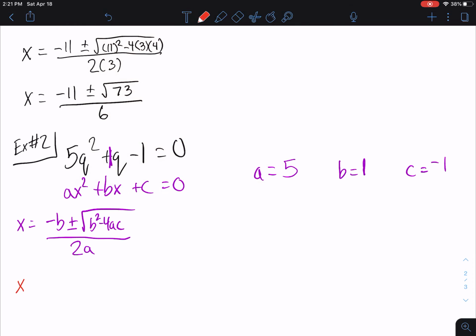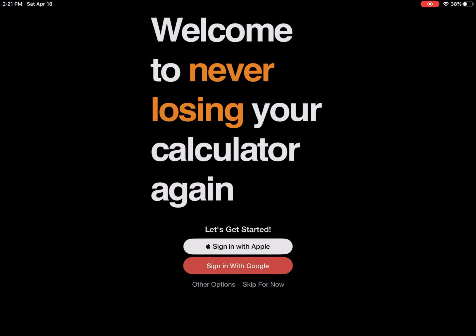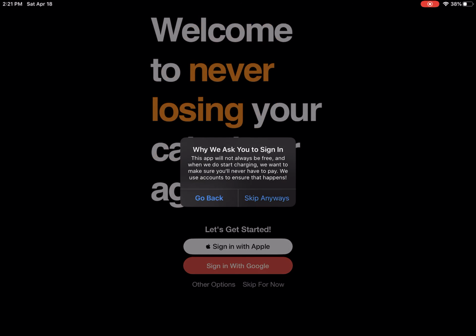So we're going to plug in our values for a, b, and c. We get x equals negative 1 plus or minus the square root of 1 squared minus 4 times negative 1 times 5, all over 2 times 5.